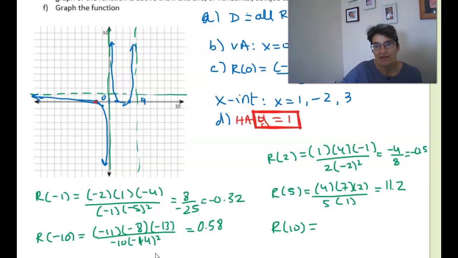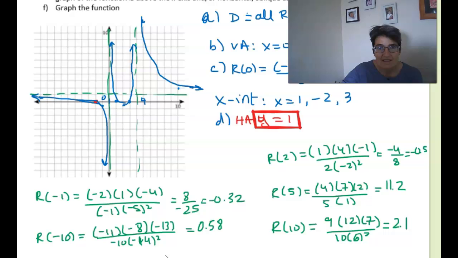And at 10 we have 9 times 12 times 7 divided by 10 times 6 squared. So let's see, 108 times 7 divided by 360. This gives me about 2.1. Alright, so here at 5 we're going up to 11. And here at 10 we're about 2.1. So it looks like this, looks like this.